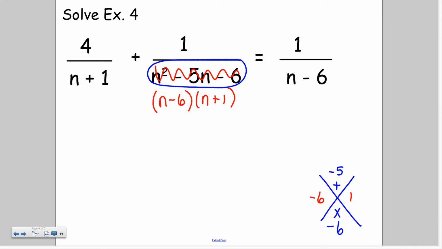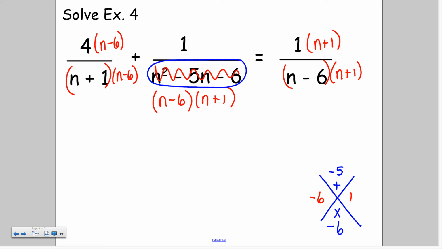So if you look at your denominator, this one is n plus 1. It needs the n minus 6. The second denominator is fixed. Your third denominator has the n minus 6. It needs the n plus 1.